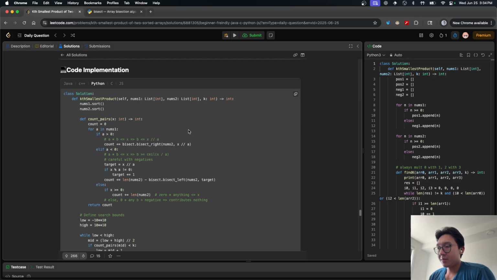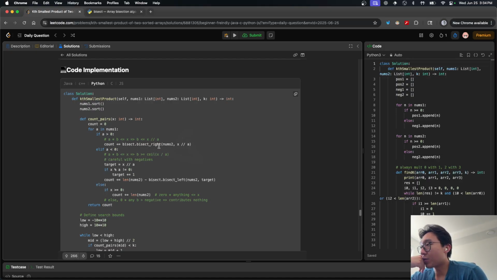But then, oh wait, you want to find the point in the array where that element might be, and then you grab every single element before that, the length of that, and add to the count. I don't know why you would do this though.